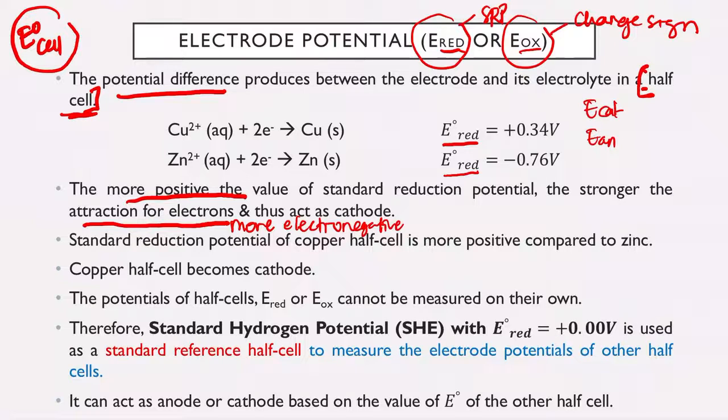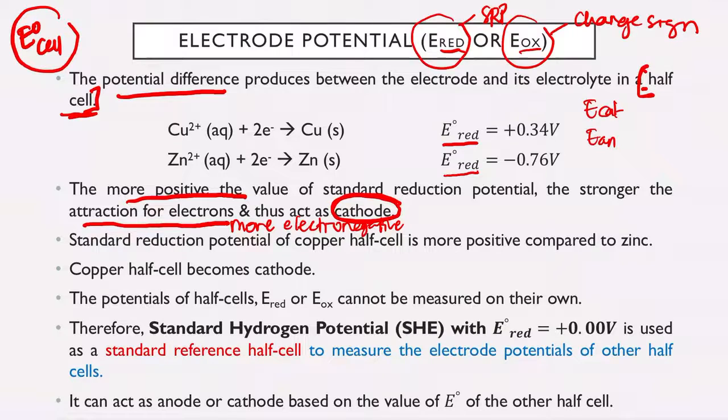So therefore it is suitable to act as your cathode, because cathode undergoes reduction, right? So reduction means that you are going to gain electron. So whoever in the SRP, in the standard reduction potential table, is on top, okay, whoever is on top, they will be the one to undergo reduction and act as cathode.